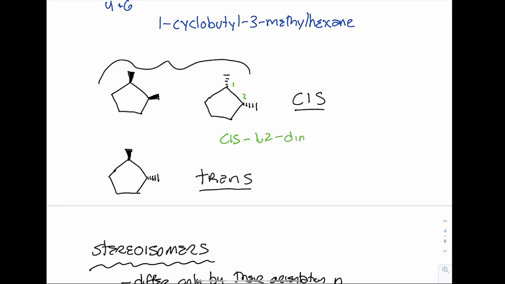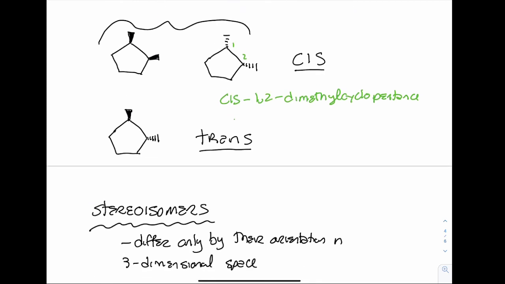We use di. They're methyl groups. I have 5 carbons in a ring. So cyclopentane. So what I'm doing is I'm putting cis out in front. I am putting a dash there because I'm then writing a number. And both of those top two would have that same name.